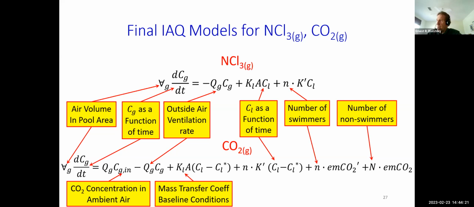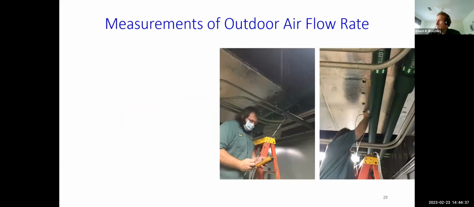We need to develop a mass transfer coefficient for the baseline conditions. Those are the conditions when we don't have any swimmers in the pool, but we have water circulation just by moving the water through the treatment system. We need to account for mass transfer that's attributable to the swimmers, and we do that with a mass transfer coefficient. And then we need to do measurements of the airflow rate through the HVAC system.